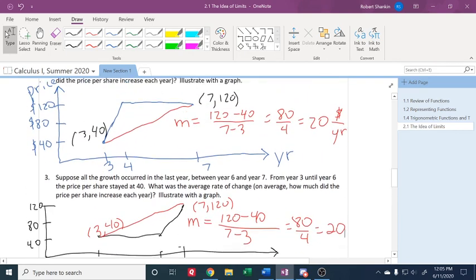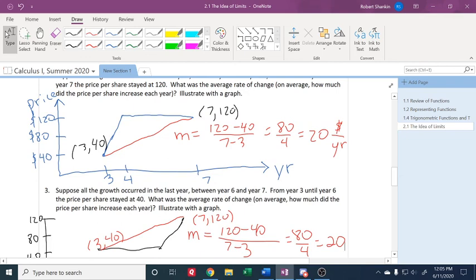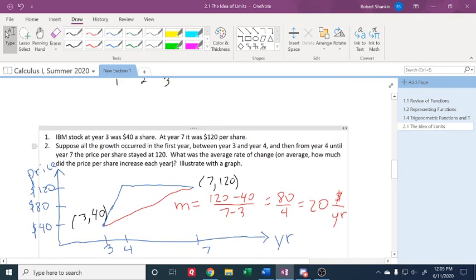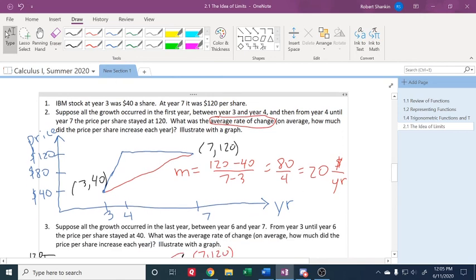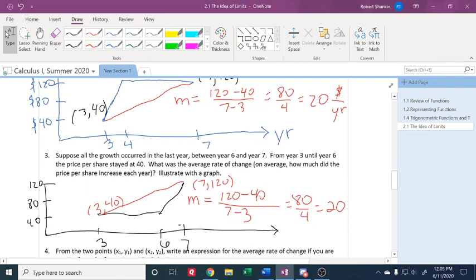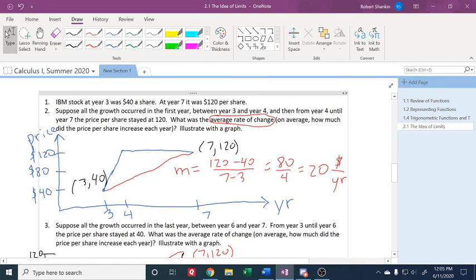All right. Now, what this situation is telling us, though, is that, and we call this the average rate of change, the average rate of change doesn't care how you got there. It just cares what your initial point was and what your final point was. If your growth happened this way or this way, it has no effect on the average rate of change from the first point to the last point.